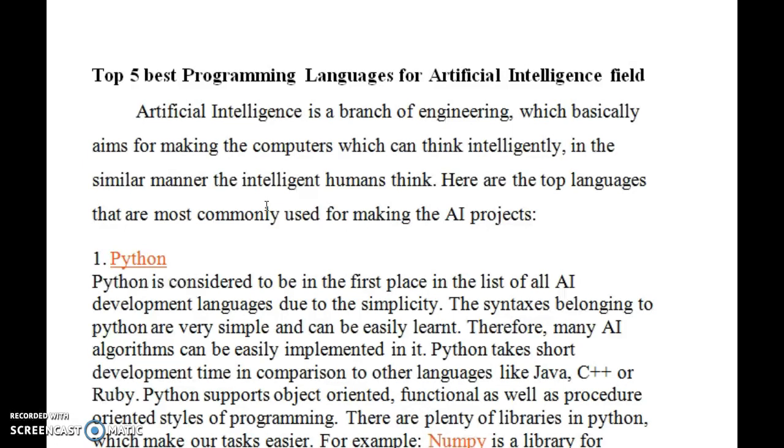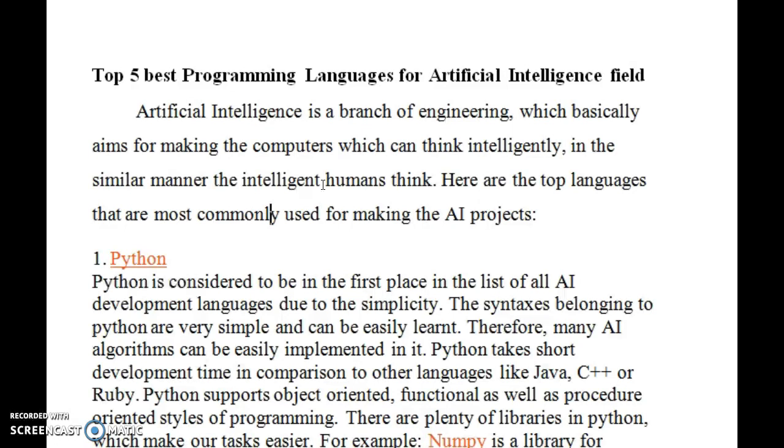So let's discuss the top 5 best programming languages for the artificial intelligence field. Nowadays, the artificial intelligence field is very progressive and people are working on it. People are doing new research on it.